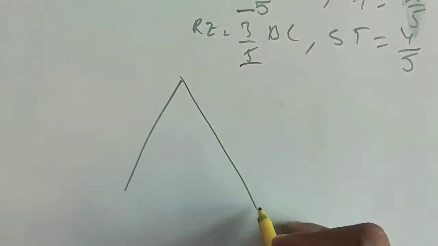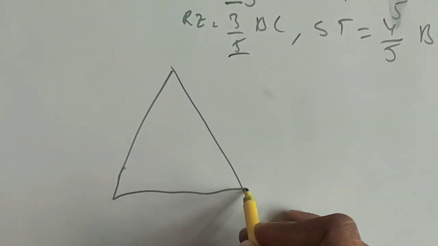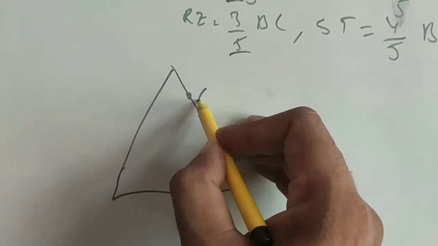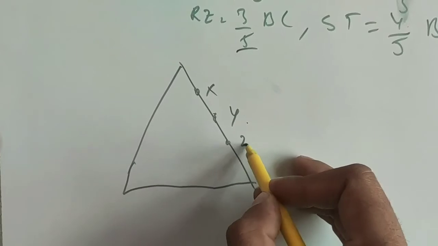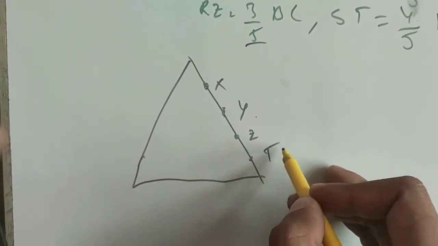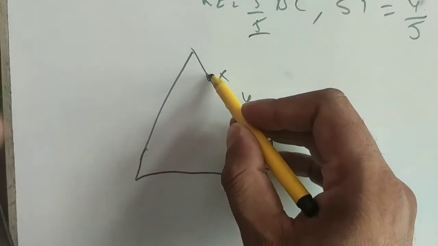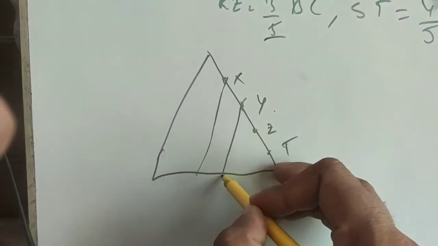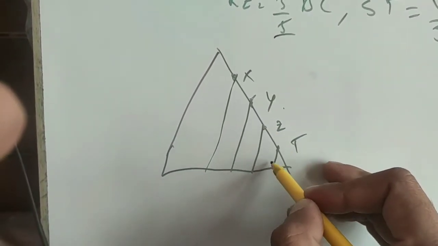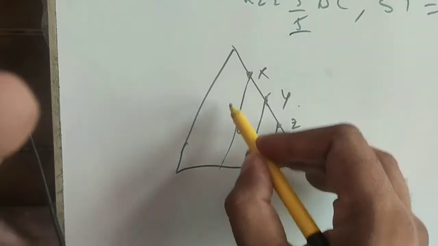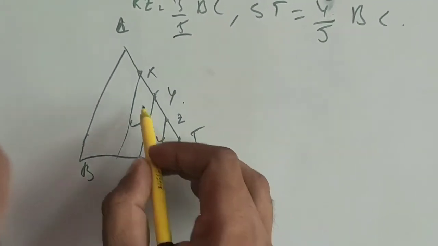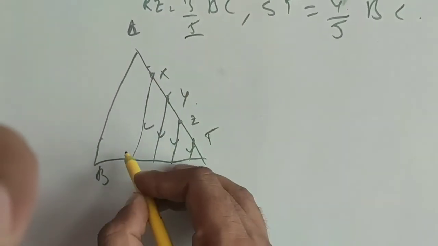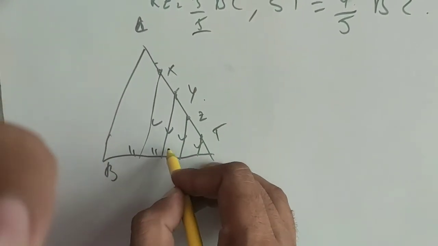Now we have proved that X, Y, Z and T are equal intercepts. So by again using that intercept theorem, if these lines are parallel to this line AB, it means if these intercepts are equal, these intercepts must always be equal.